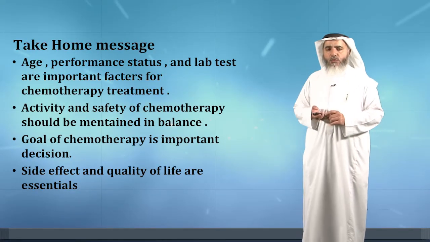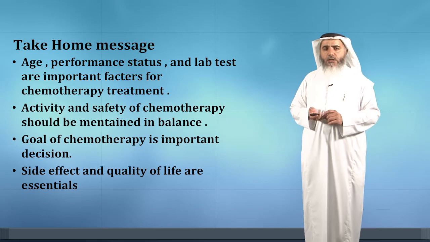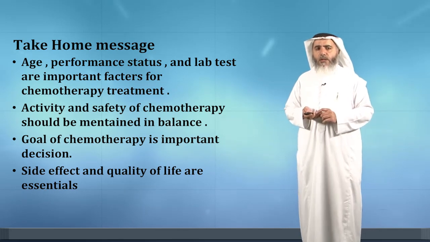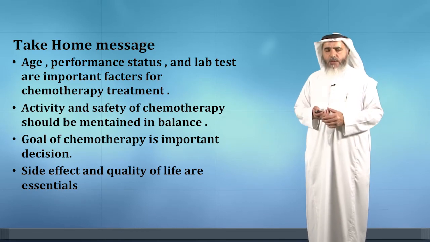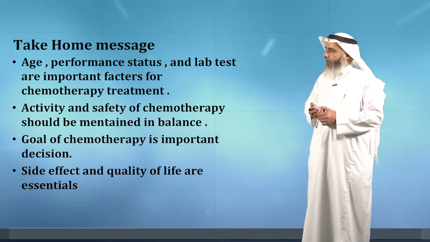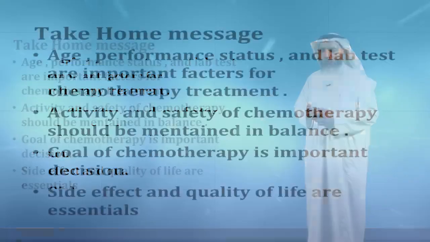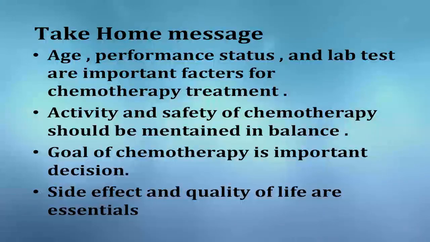Now, there are a few messages that we would like you to know. Age, performance status, and lab tests are important factors in deciding about chemotherapy treatment. We have to maintain the balance between activity and safety of chemotherapeutic agents.